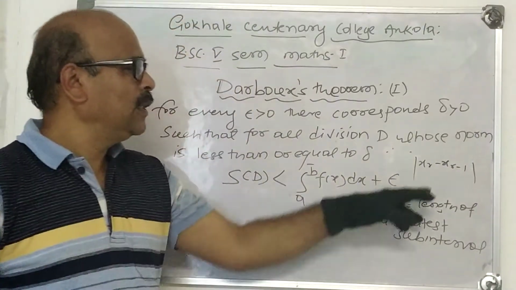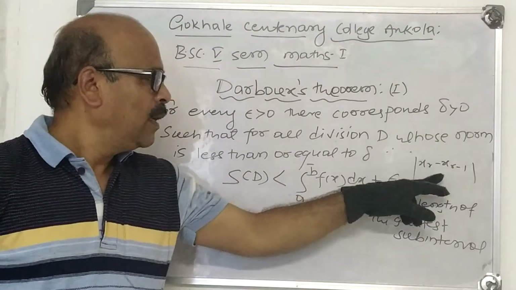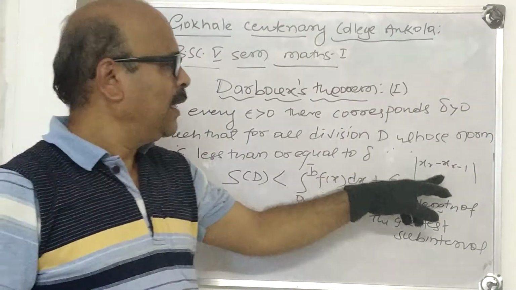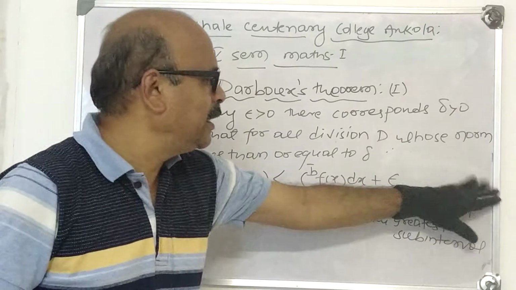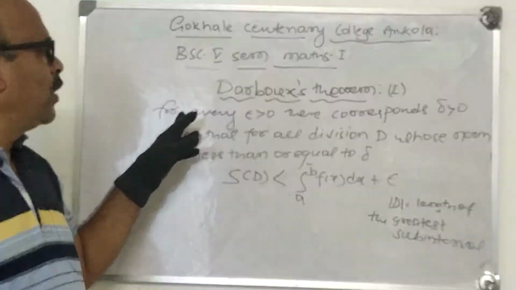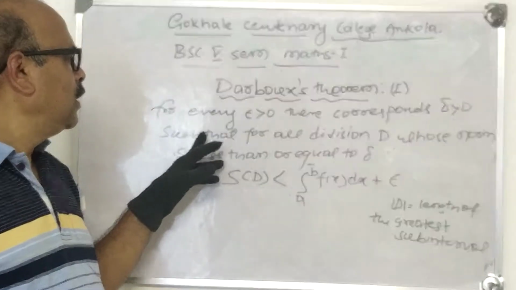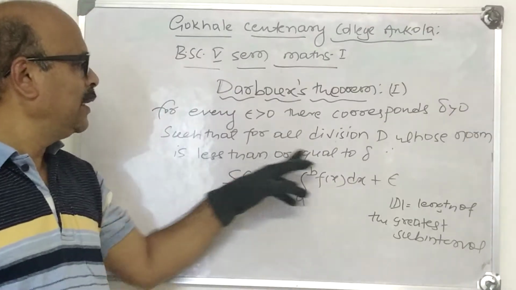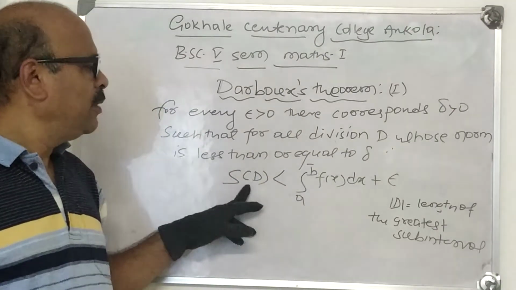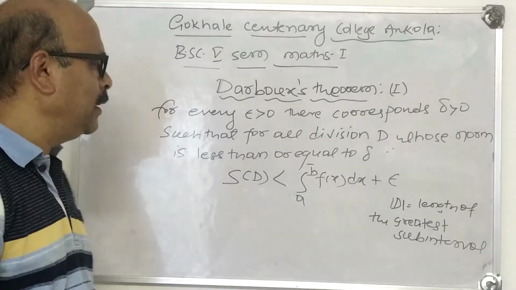Suppose the length of this interval is greater than all the subintervals, then the norm of the division is the length of the greatest subinterval. Now see the theorem. Once again, statement is like this. For every epsilon greater than 0, there corresponds delta greater than 0 such that for all division D whose norm is less than or equal to delta, capital S(D) is less than the upper integral of f(x) dx plus epsilon.